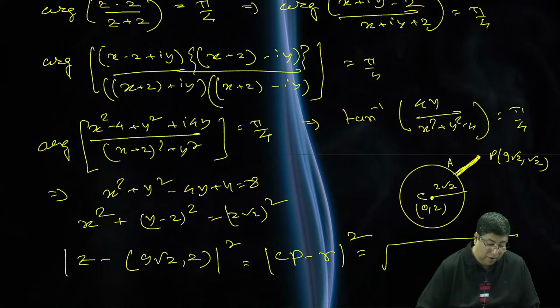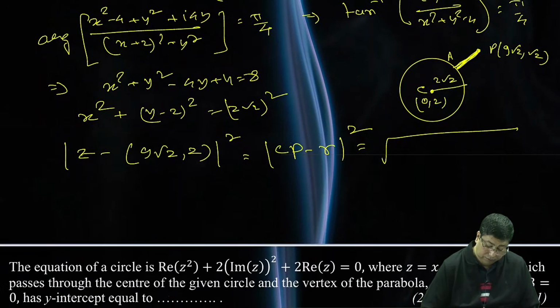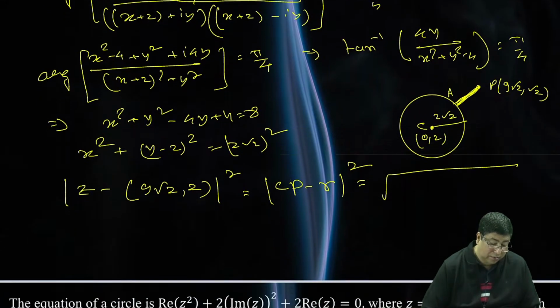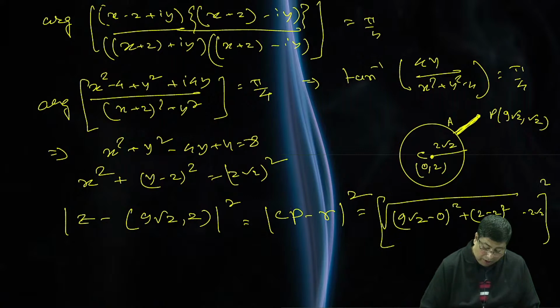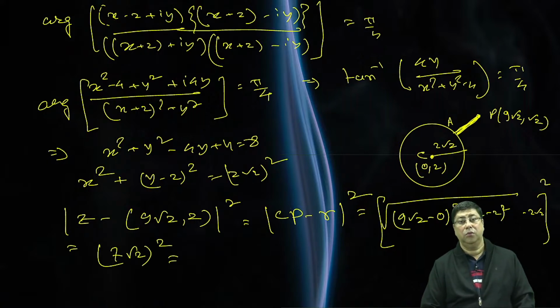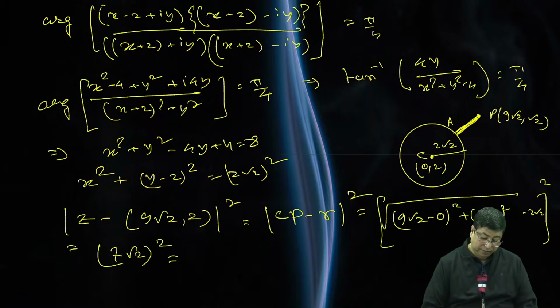If we calculate, we are getting (9 root 2 minus 0) whole square plus (2 minus 2) whole square, minus 2 root 2, whole square. It means we are getting (7 root 2) whole square. 7 square is 49, into 2, that is coming to be 98.